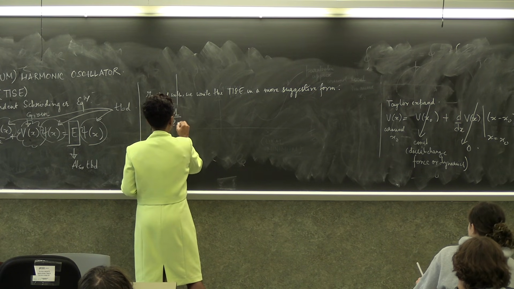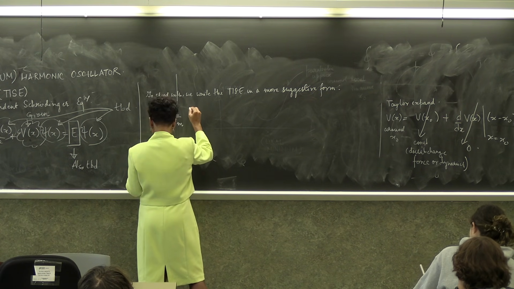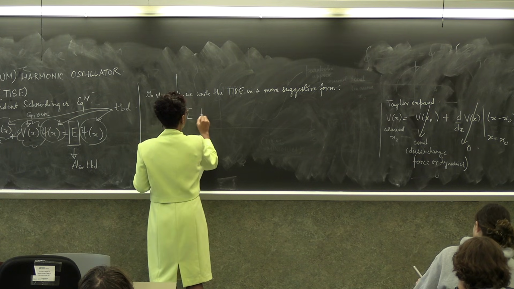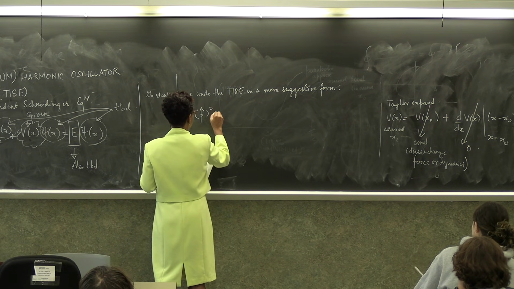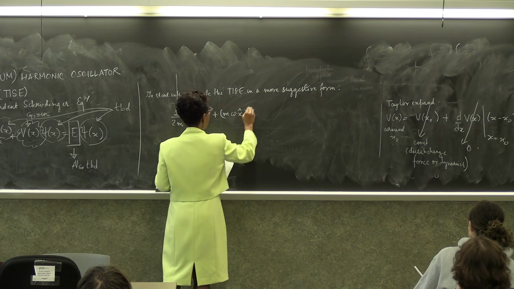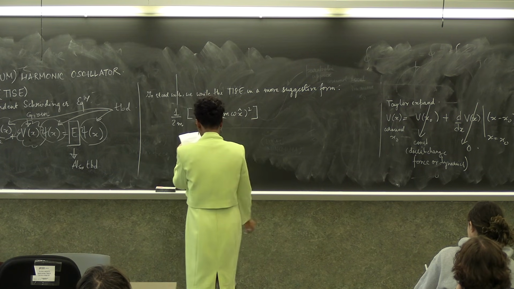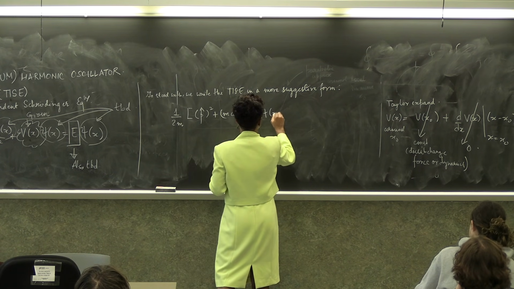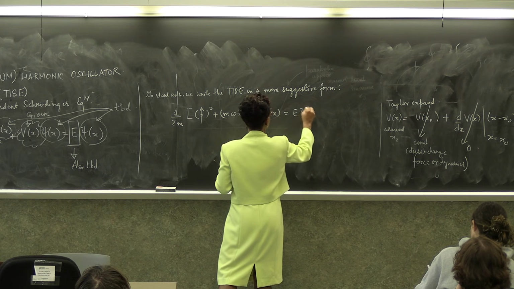One by 2m times p operator squared plus m omega x operator the whole squared operating on psi equals E psi.